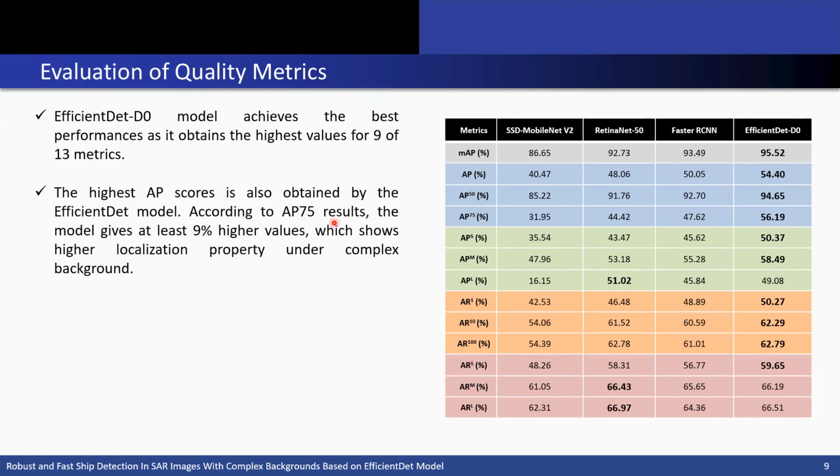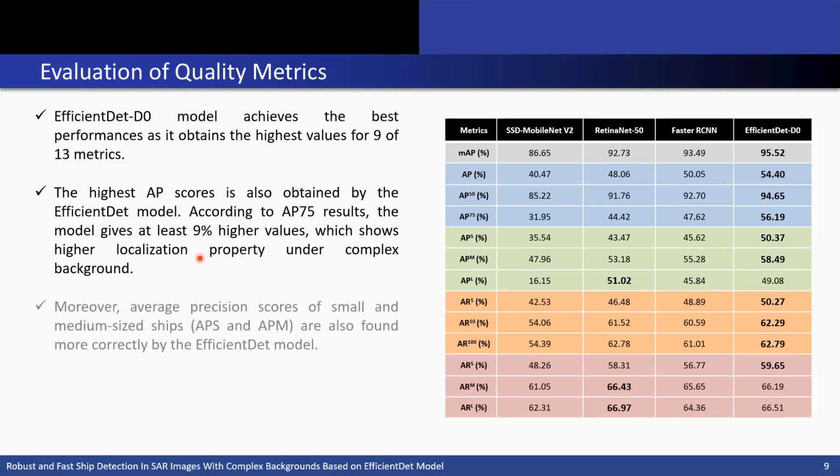According to the AP75 result, the model gives at least 9% higher values, which shows better localization under complex backgrounds. Moreover, the average precision scores of small and medium ships are also found more correctly by this model.